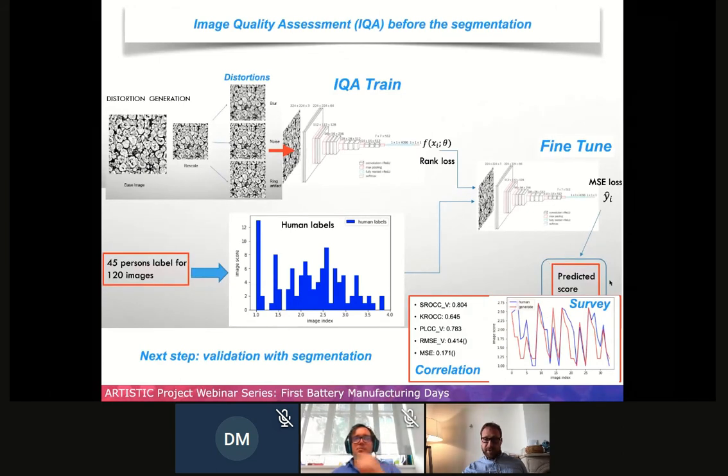It means our prediction is relatively close to what a human can detect in terms of distortion. But all of this is supposed to be validated by the segmentation step, because our final purpose is to see if the quality of the image can also impact the segmentation results.